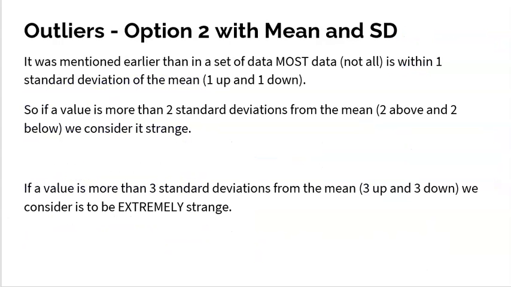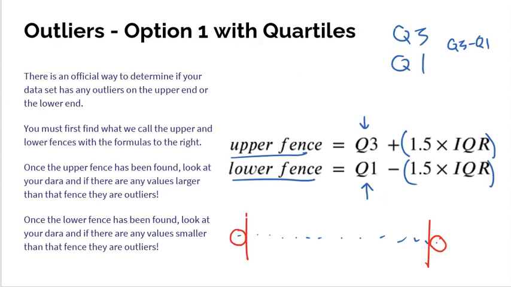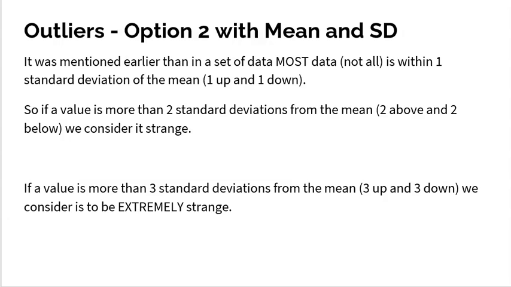The second method is not as common as the fences. If I want you to officially do it, I'd use the fences. But we could also look at it this way. If we have the mean and standard deviation, maybe we don't know the quartiles, so we can't find the fences because the fences require the quartiles, then we're going to do option 2.